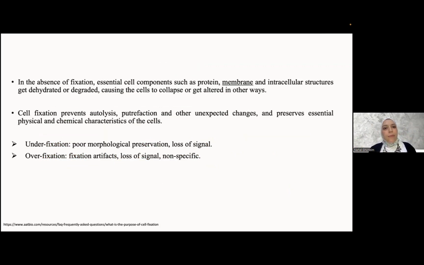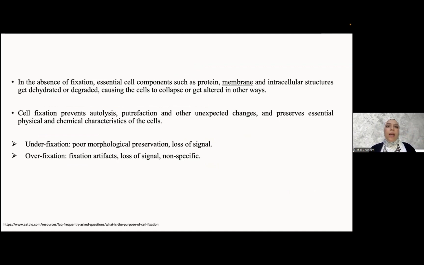In the absence of fixation, as we said, the essential proteins, membranes and intracellular structures may be dehydrated or degraded through autolysis, putrefaction, and other unexpected changes that can happen to the cells without preservation.